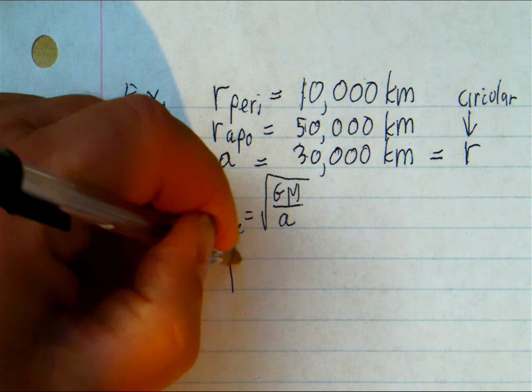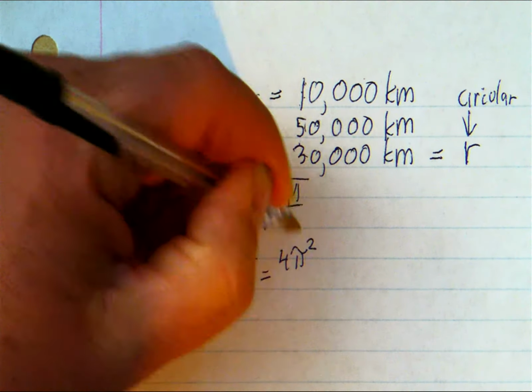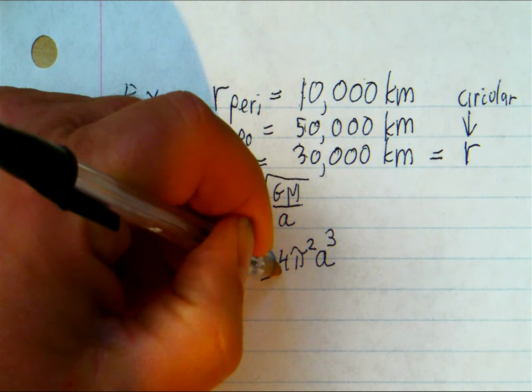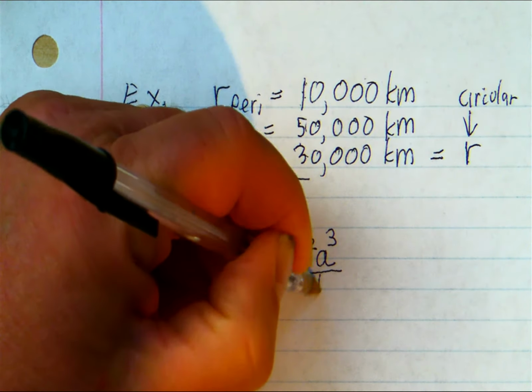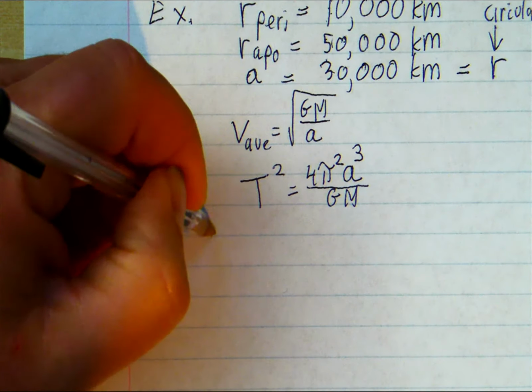And the period squared would be 4 pi squared times this semi-major axis cubed divided by G divided by the mass of the central body.